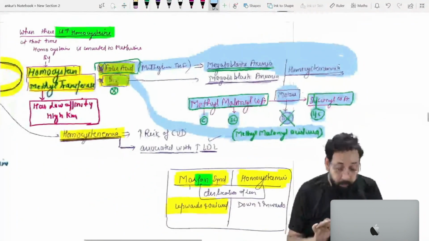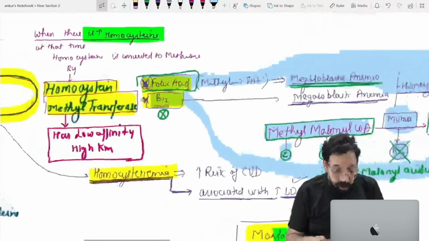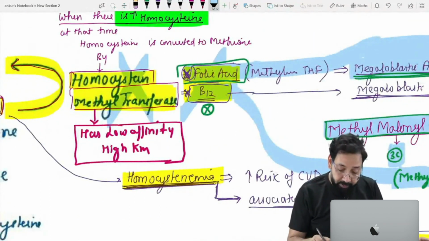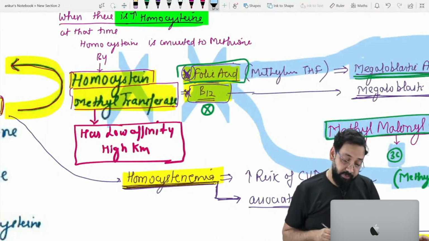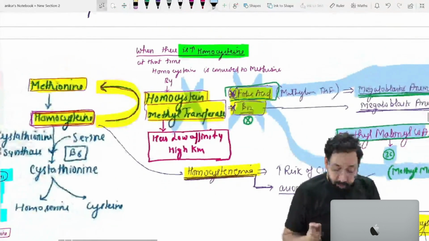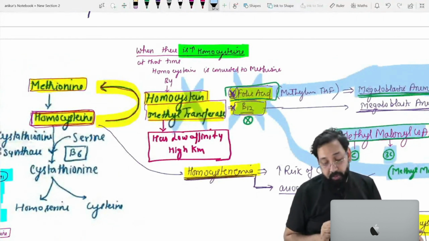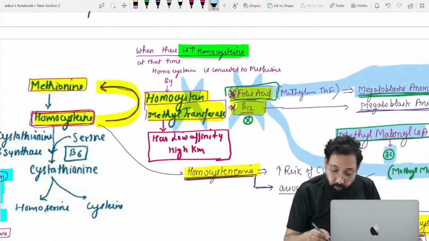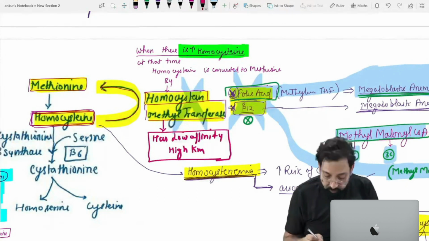Now if this enzyme is deficient, or folic acid is deficient, or B12 is deficient, then homocysteine will not be converted to methionine, homocysteine will increase, and this is called non-classical homocysteinemia.